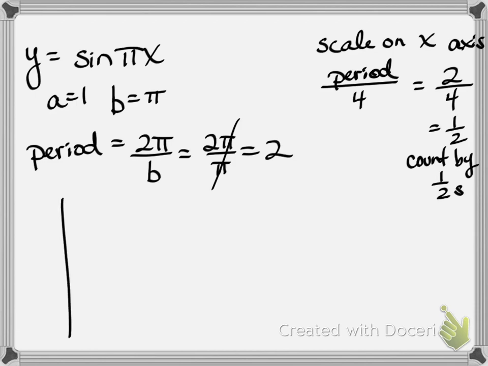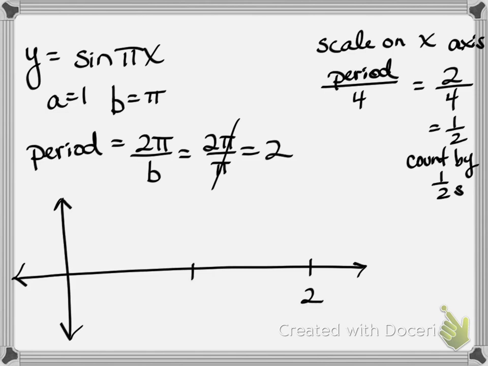So let's go ahead and graph it. Instead of me stretching this x-axis out and going from 0 to 2 pi, we go from 0 to 2 with a 1 in the middle. And, well, we can count by halves. So we have 0, and then we have a half, and another half puts us at 1, another half puts us at 1.5, and another half puts us at 2.